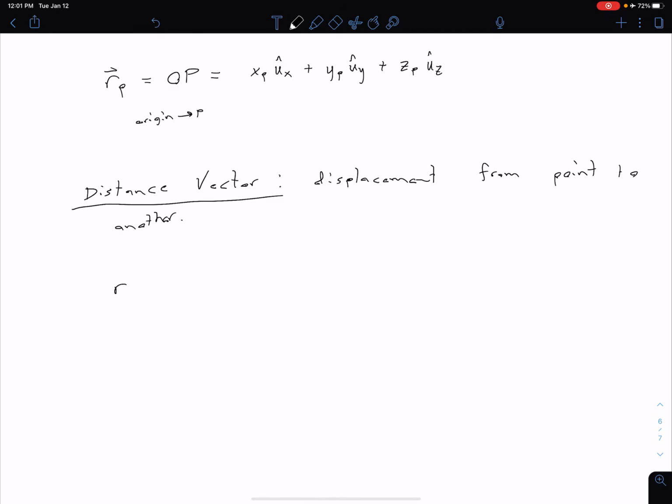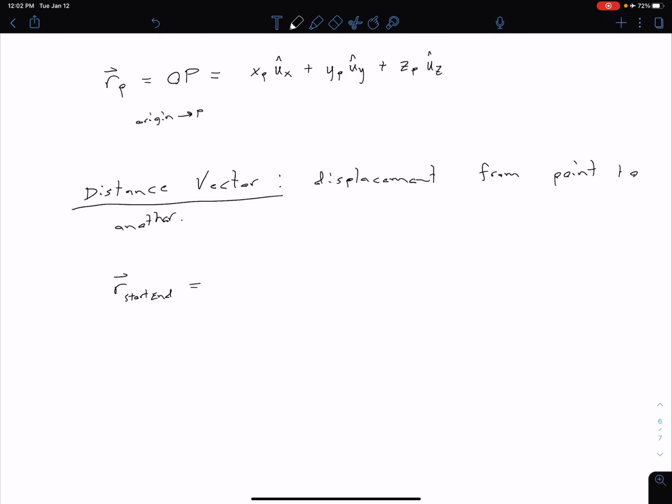Our notation is going to be somewhat similar to what we see above for our position vector. We're going to have a lowercase r with an arrow over it, and just to be really general, we're going to have 2 subscripts on our r: our start point and our end point. We'll see an example of that with our P and Q in a bit.